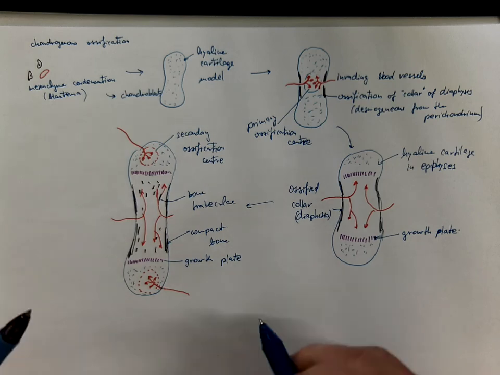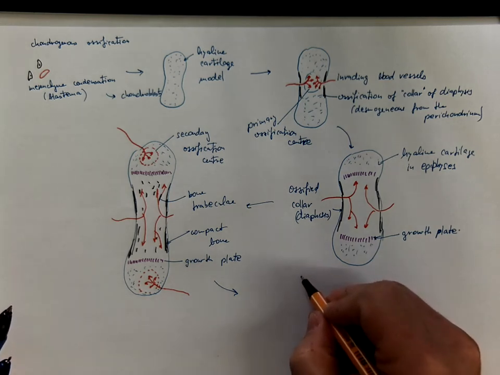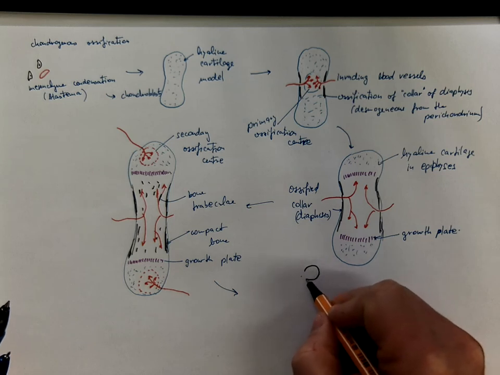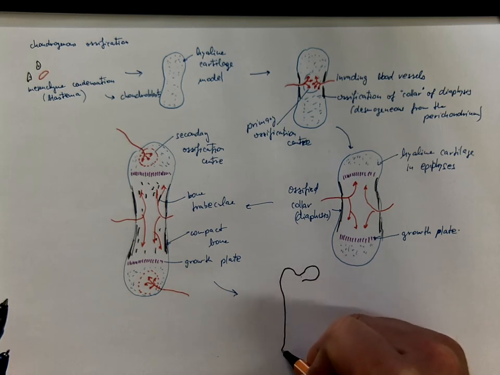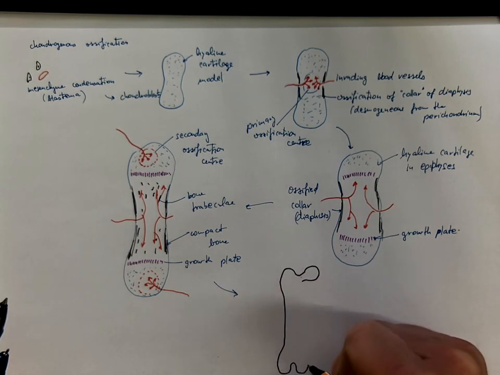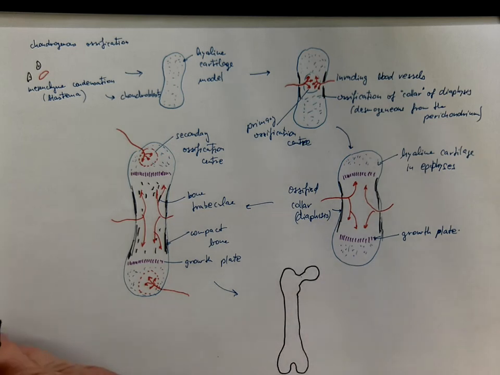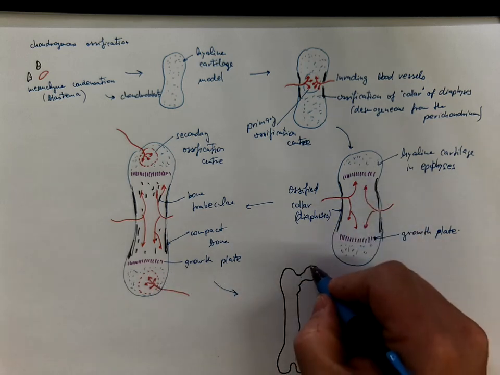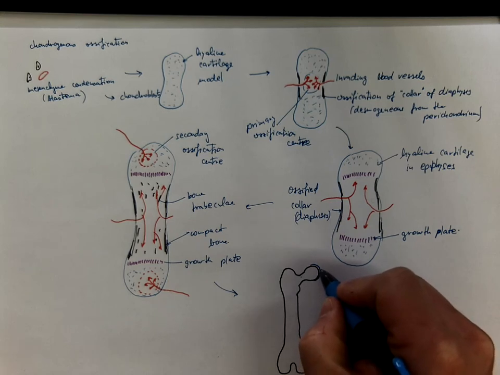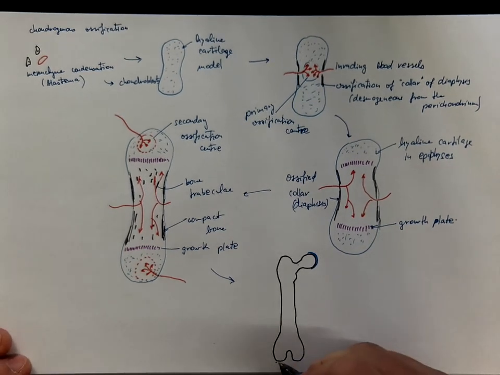And finally, once the process goes to its end, the only place where the cartilage remains is the articular cartilage here and over here.